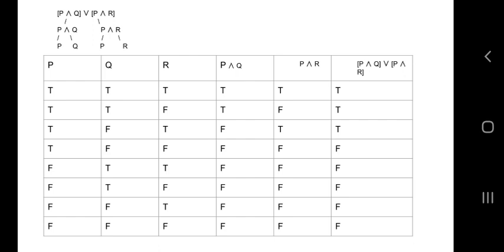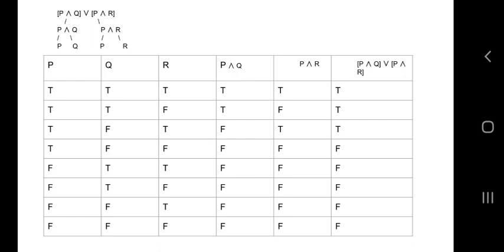And then finally, we have bracket P and Q, or, bracket P and R. This is an OR statement, so we'll look at the P and Q column and the P and R column, which are the last two columns we did. An OR statement is only false if both of them are false.